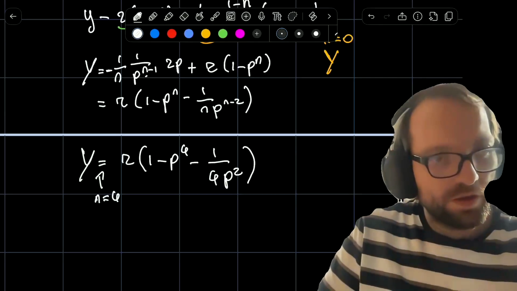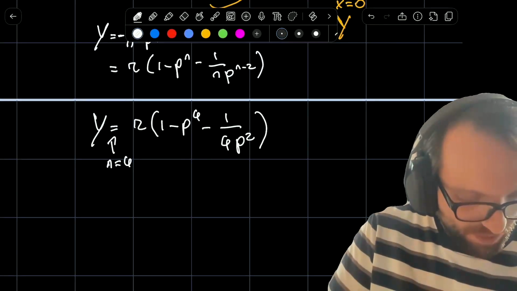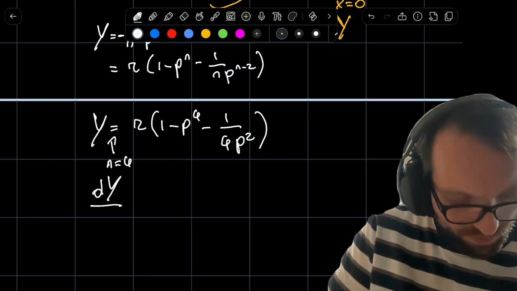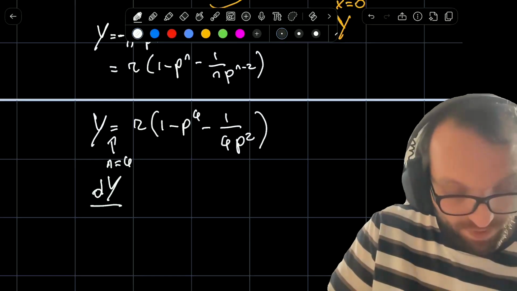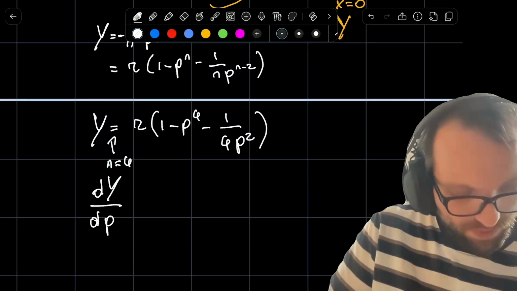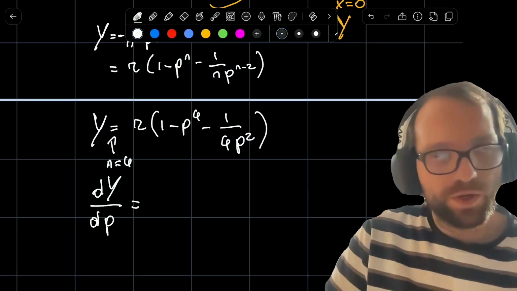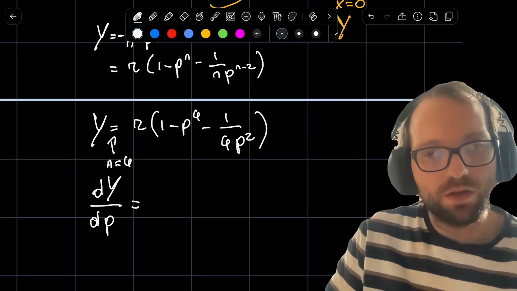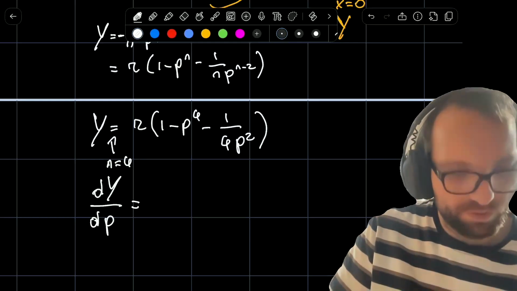Okay, we want to find the maximum value. We can find the derivative of big Y with respect to what is our variable here. Our parameter is p. So we can do the derivative of big Y with respect to p, and we put the derivative equal to 0.